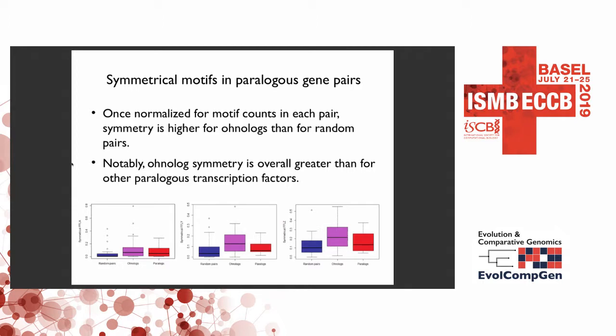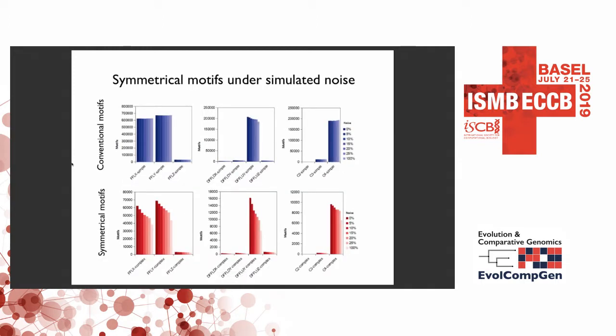But this result should perhaps be interpreted with a little bit of caution because our paralog set was not especially large. In any case, we then checked how these symmetrical motifs differ from regular motifs under simulated noise.